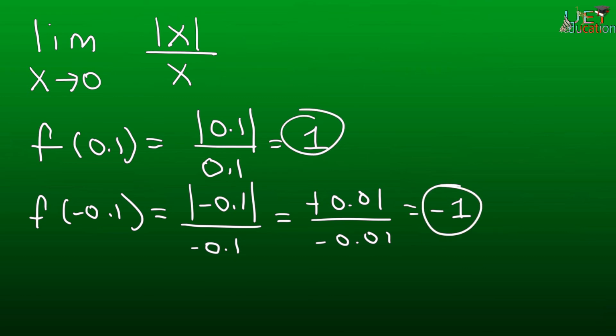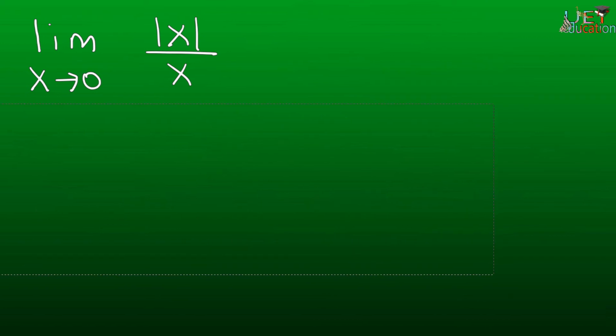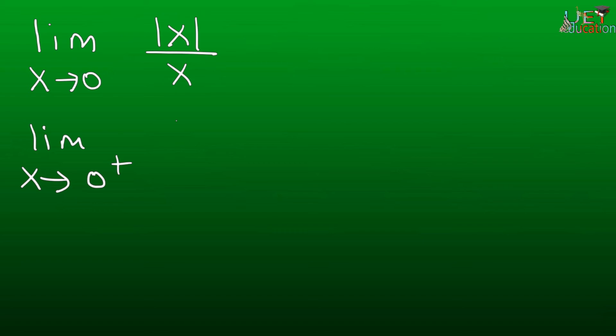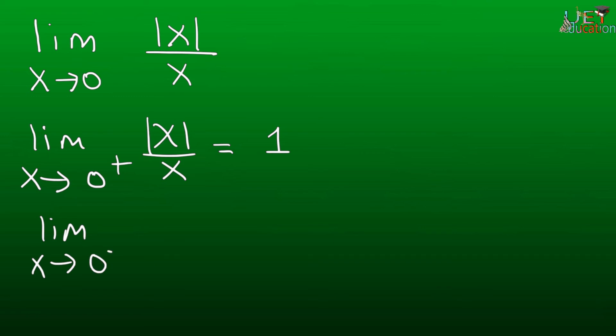So what we can do is we could say that the limit as x approaches 0 from the right side, as represented by positive 0.1, is going to equal positive 1. And the limit as x approaches 0 from the left side, as represented by negative 0.1, is negative 1.